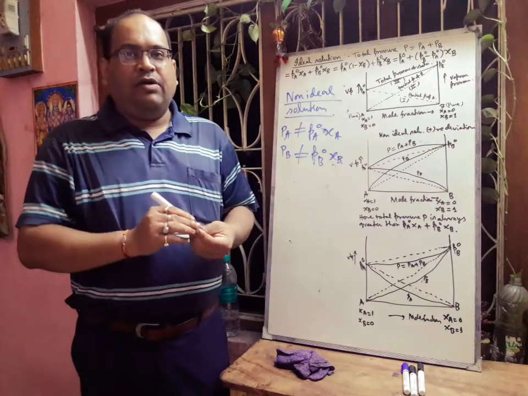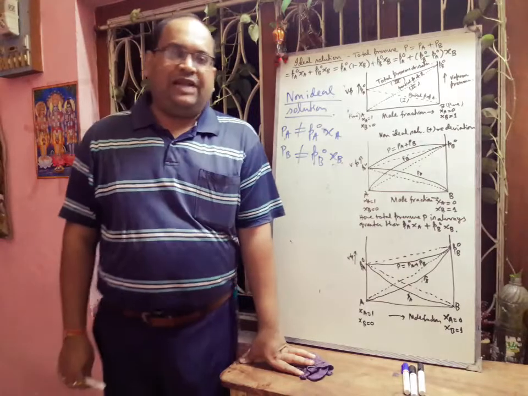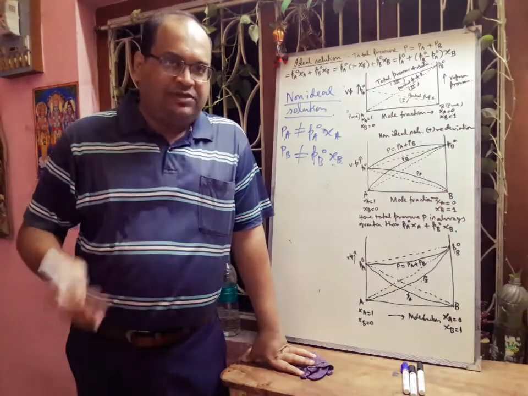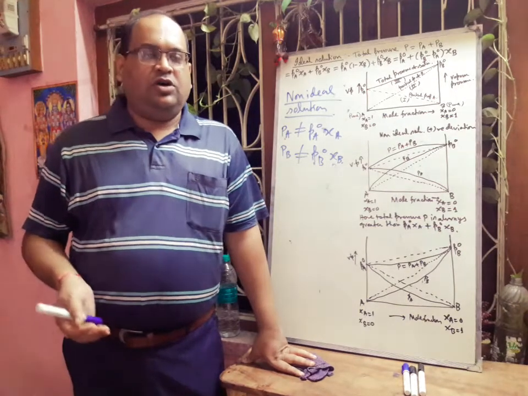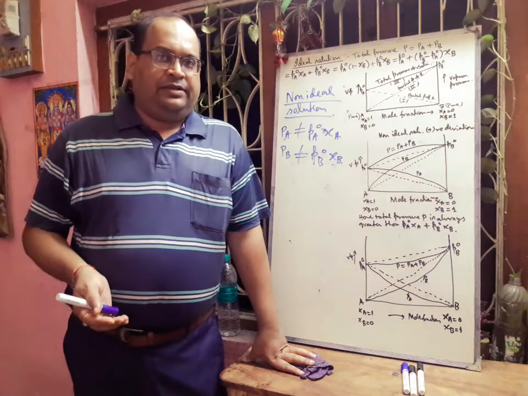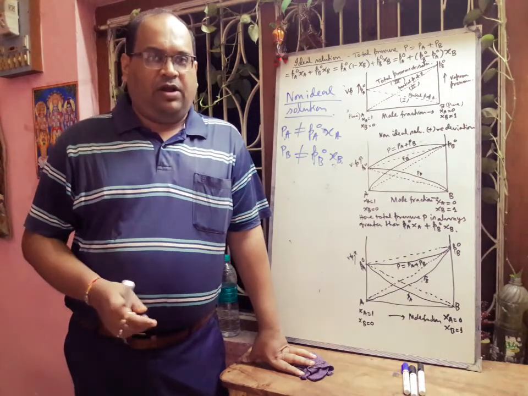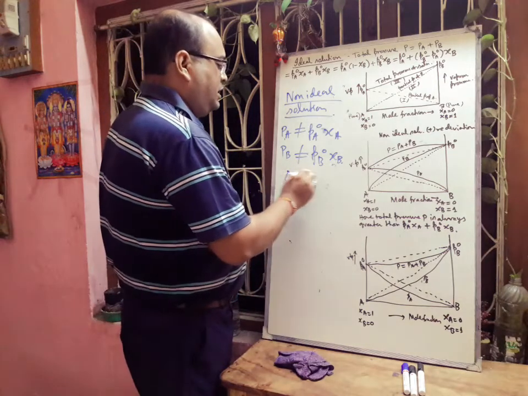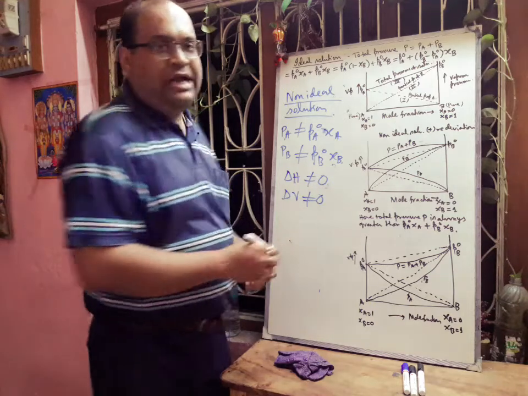In this case, delta H mix is not 0, that means there may be formation of heat or absorption of heat. And delta V mixing is not 0, so on addition of two liquids, there may be an increase or decrease of volume. So delta H is not equal to 0 and delta V is not equal to 0. That you have to remember.